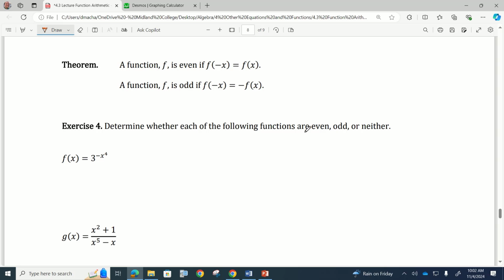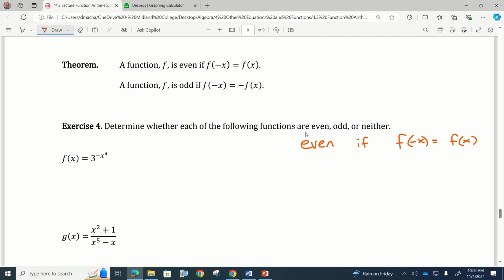So, if you don't have Desmos available, like on a test, you can't just pull out your phone and check. Here's how you could test. A function is even if you plug in negative x into the argument, you simplify it, and you get exactly the same function back.